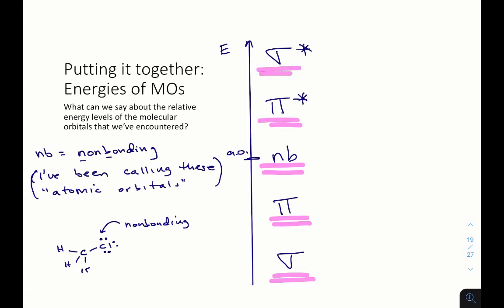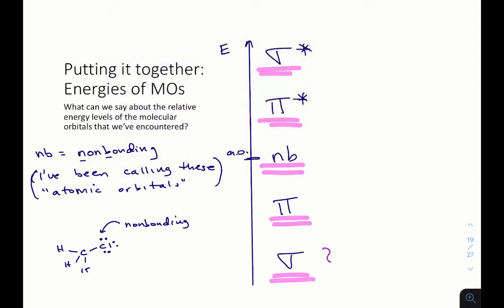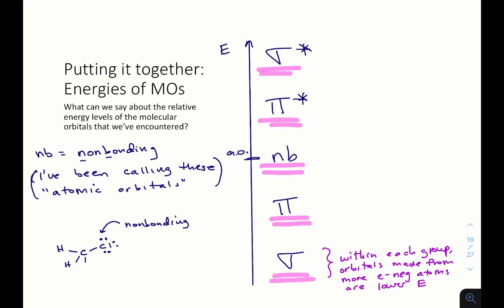Now, within each group, I'm not going to write this out for every group, but within sigma, for example, orbitals made from more electronegative atoms will be lower energy. I can give you a quick example of that. Let me change the molecule on the left to chloroethane.